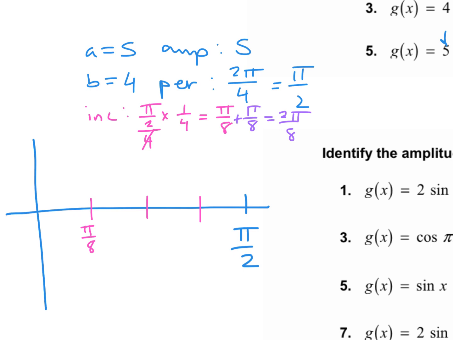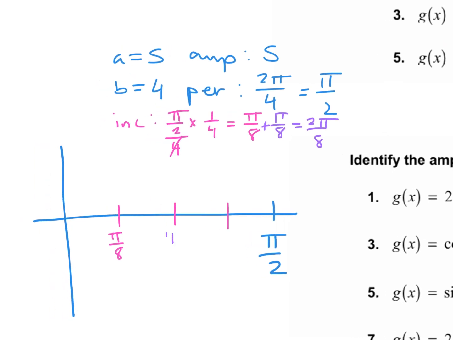How can we simplify 2 pi over 8? Pi over 4. And then how do we find our third increment? 3 pi over 8. How did you find that? Add pi over 8 to 2 pi over 8. So we add another pi over 8, and this gives us 3 pi over 8.